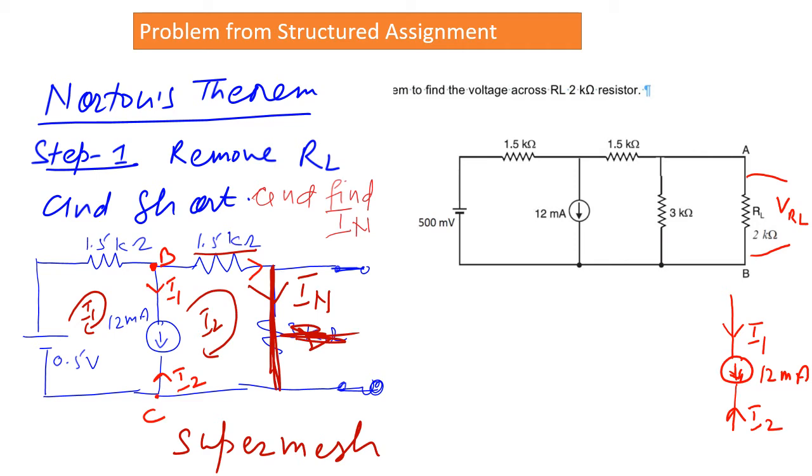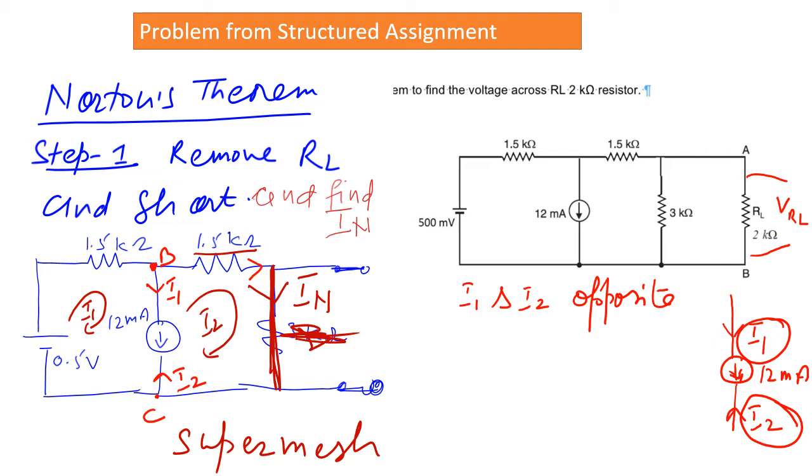So here three currents are coming, I1, I2, and this current source, 12 milliampere. And this I1 and this I2 are in opposite direction, moving in opposite direction. So what to do? You subtract this one.